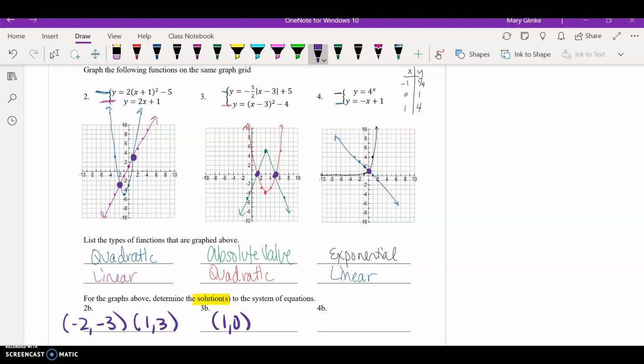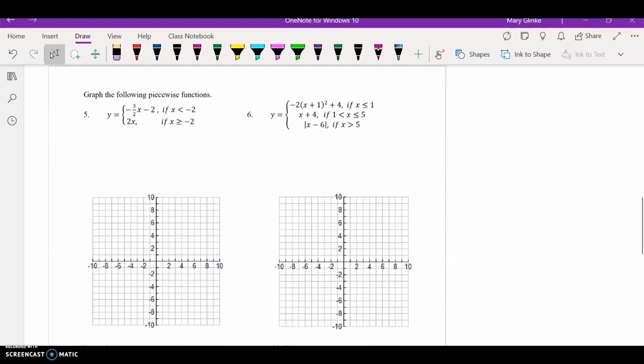For the next one, you can see that they are intersecting at (1, 0) and (5, 0). And for the last one, they are intersecting at (0, 1). Those would be the solution to each of the following systems of equations. You're used to seeing it as 2 lines intersecting, but now we can see it with all different types of functions intersecting.